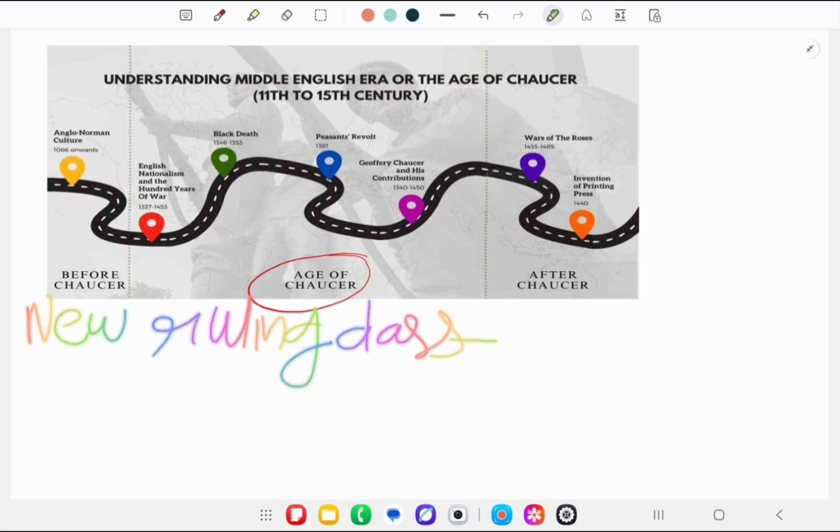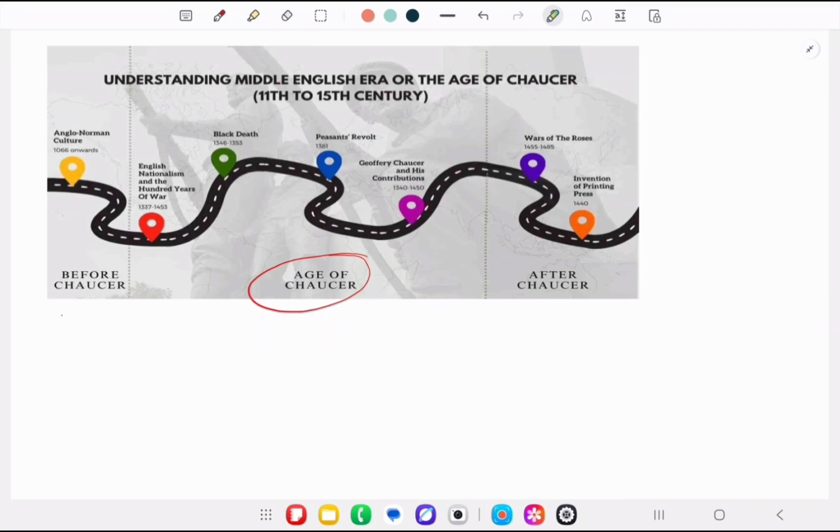Imposed with newer rulers and regulations, the country was transformed socially and politically.